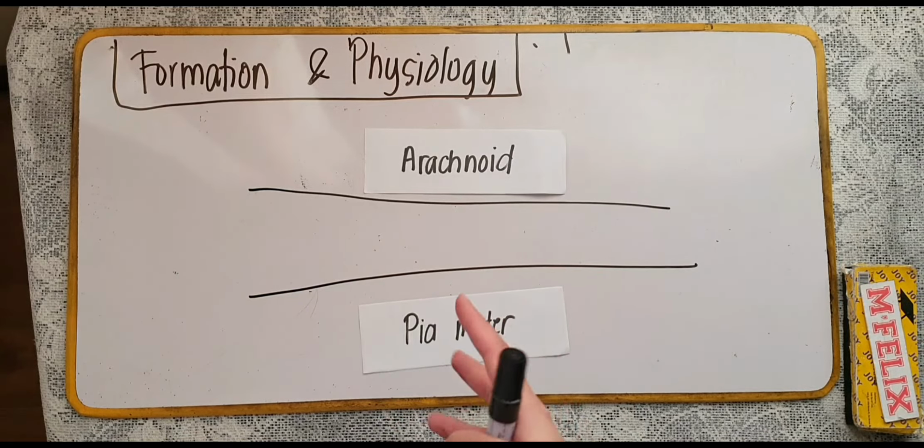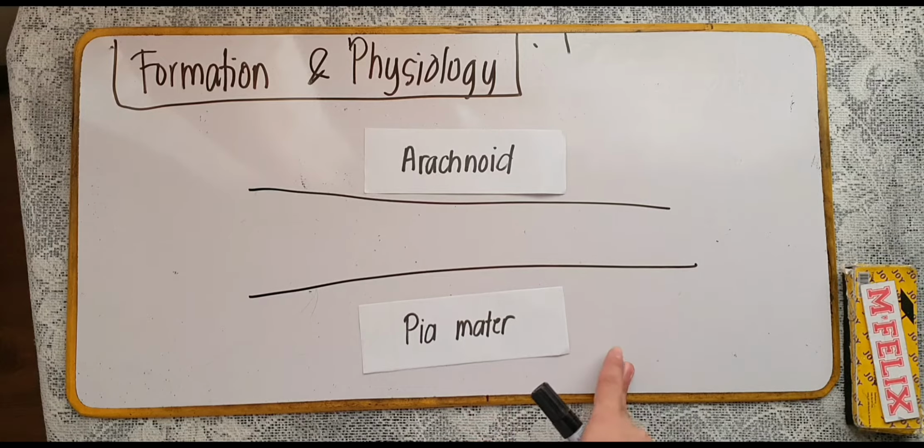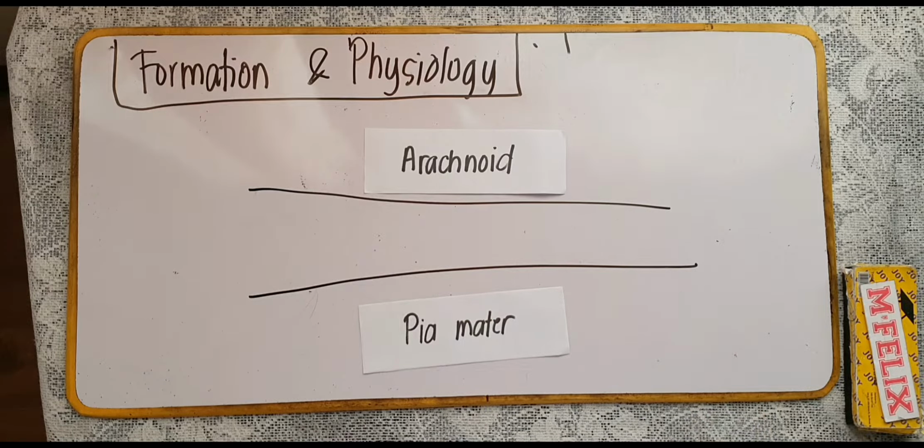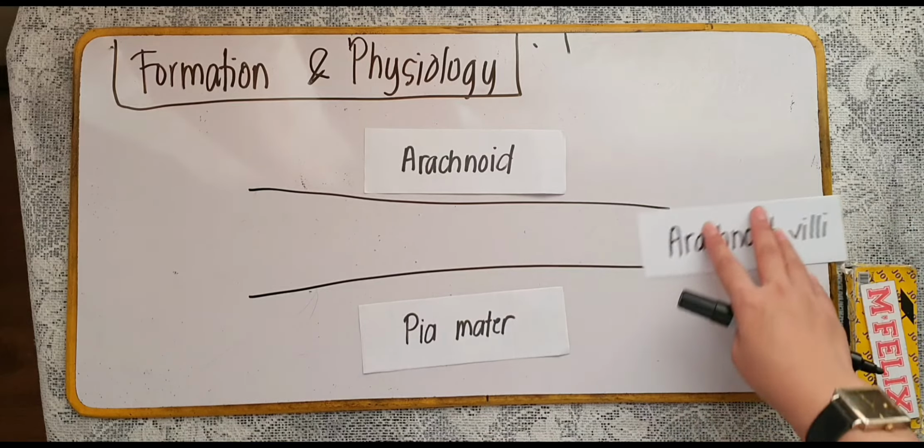Now, to maintain a volume of 90 to 150 ml in adults and 10 to 60 ml in neonates, the circulating fluid is reabsorbed back into the blood capillaries located in the arachnoid villi.